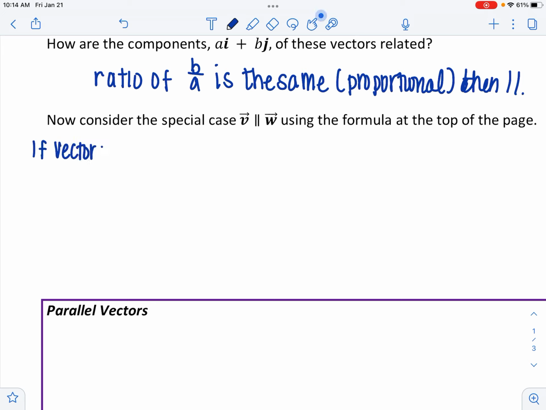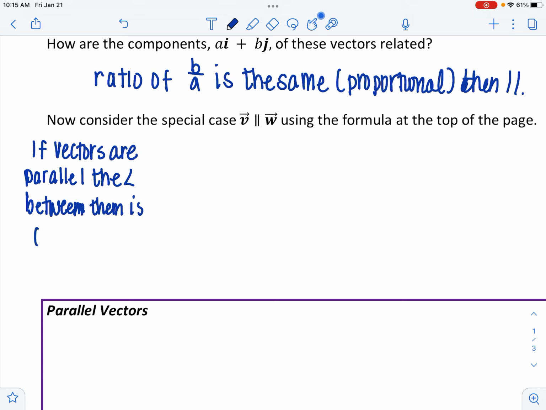If vectors are parallel, the angle between them is 0 degrees or 180 degrees.